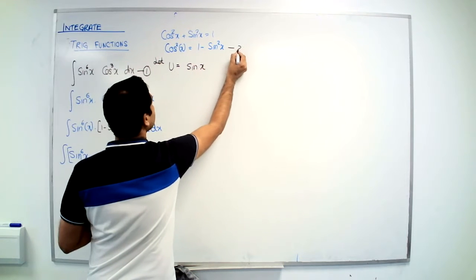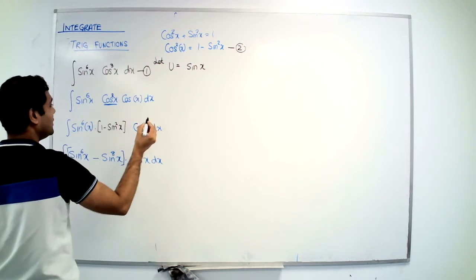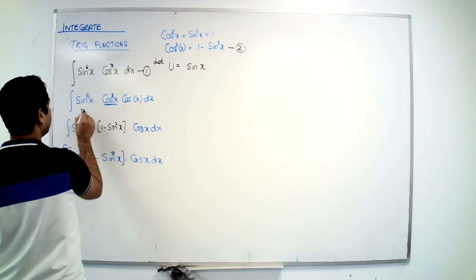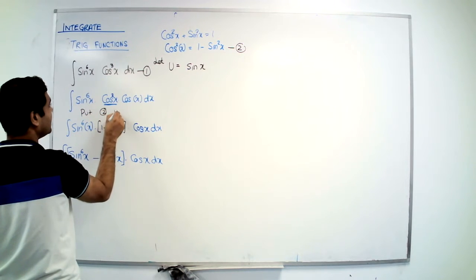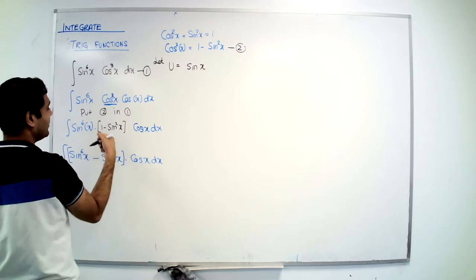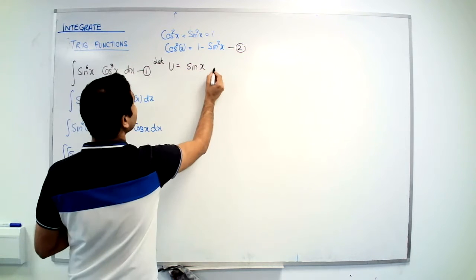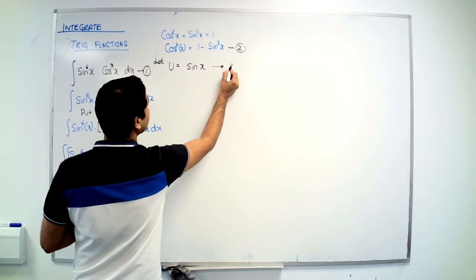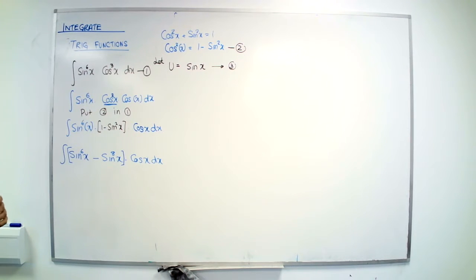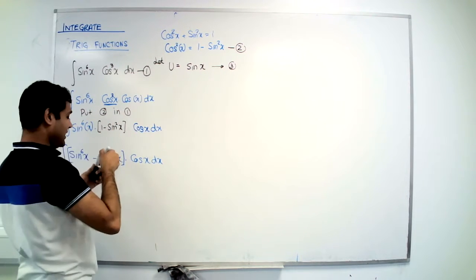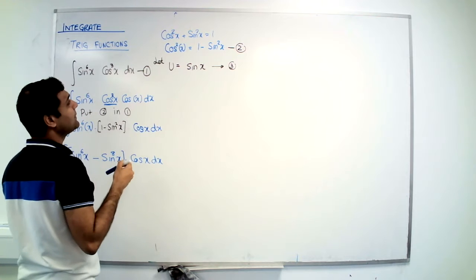This is my equation number 2. I write here put 2 in 1, and that will give me this. This is my equation number 3. Now I want you to differentiate this thing.